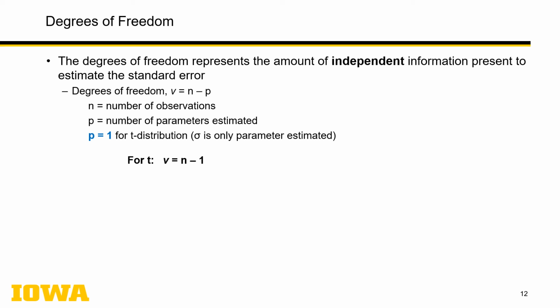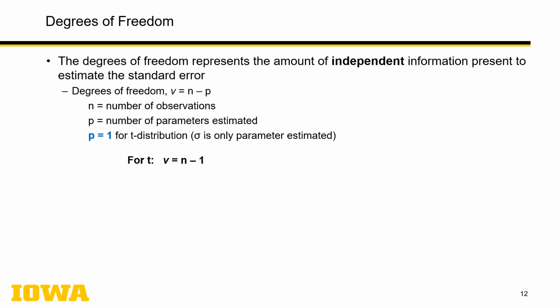We just have to understand that when utilizing a t distribution, we are dealing with this concept of the amount of independent information present to estimate the standard error. And again, it's been developed that the amount of independent information you have, called the degrees of freedom, is related to the number of observations and then the number of parameters that are estimated.